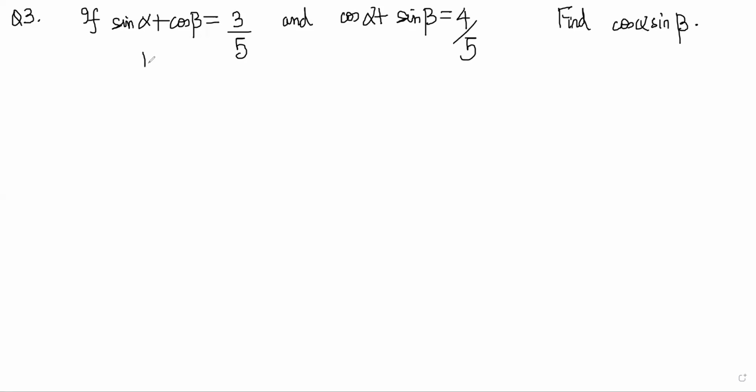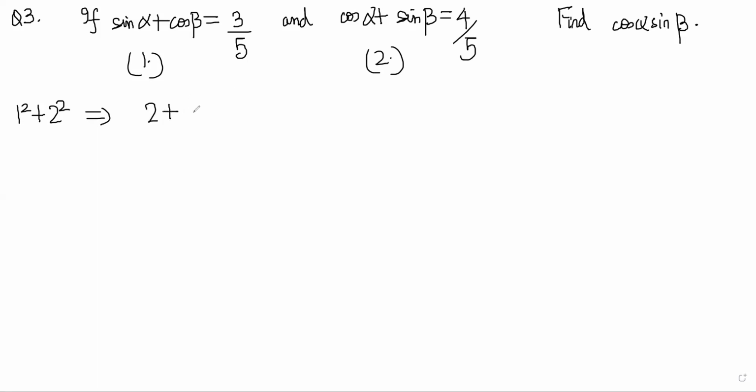What we will do is we'll call these two equations 1 and 2. The standard technique is squaring and adding. If you square 1 and 2 and add them, what we'll end up getting is sine square alpha plus cos square alpha, which is 1, plus cos square beta plus sine square beta, which is also 1, plus 2 sine alpha cos beta plus 2 sine beta cos alpha.